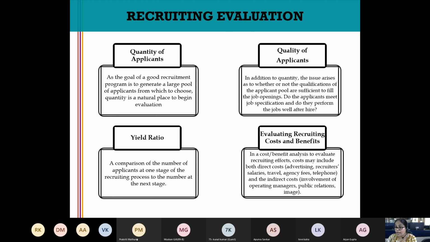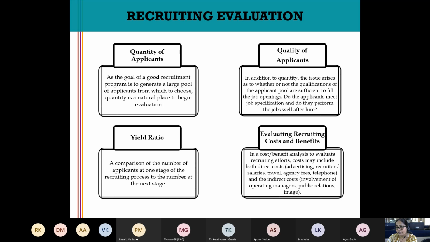Recruiting has to be evaluated. Whenever you are recruiting, you have to evaluate from these perspectives. First is the quantity of applicants: how many people have actually applied to your advertisement or request. And the quality of applicants: whether you were expecting experienced or qualified people, and whether they really meet the job specification you are expecting.